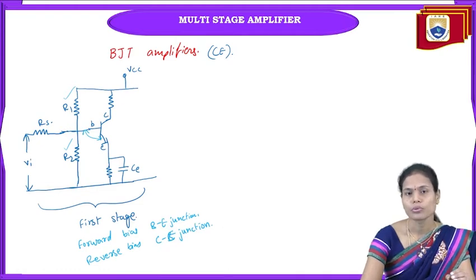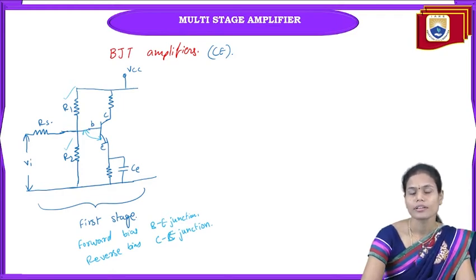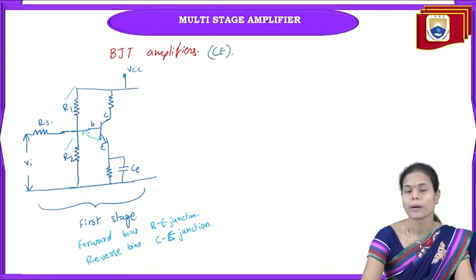In order to operate the transistor in the active region and make the operating point stable, the stability factor should be low. So the fixed bias circuit provides a high stability factor and does not provide a stable operating point. That's why we do not prefer the fixed bias circuit to operate the transistor in the amplifier.